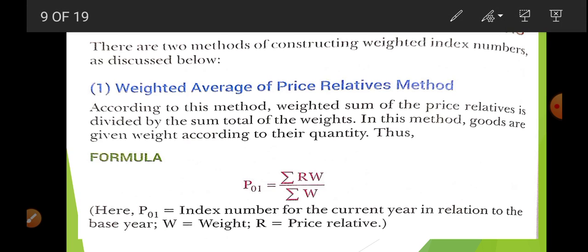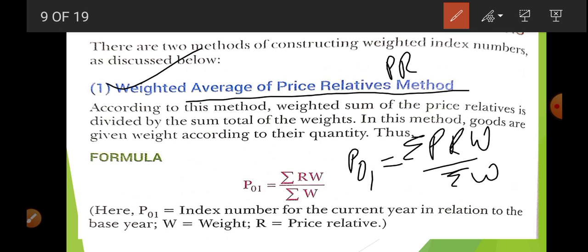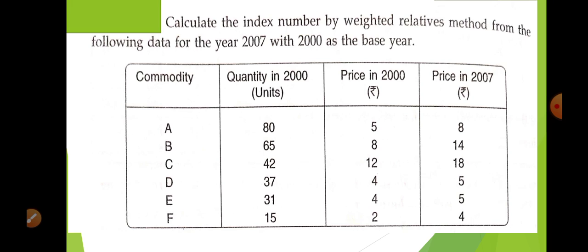Now come to the construction of weighted index numbers. So within that, first is the weighted average of price relative method. This is your PR method. Okay, for simplification you can write it as sigma PRW upon sigma W. So first we calculate PR, then we multiply it by the W, that is weight, and then divide it by sigma W. Okay, so here is a question.